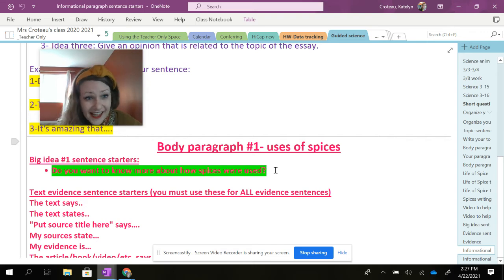And you want to try to sell what it is you're writing and talking about, right? You could even do something like, do you want to know, or if you're interested in how spices were used, read more. It's a way for you to hook them because it's very much like a topic again.